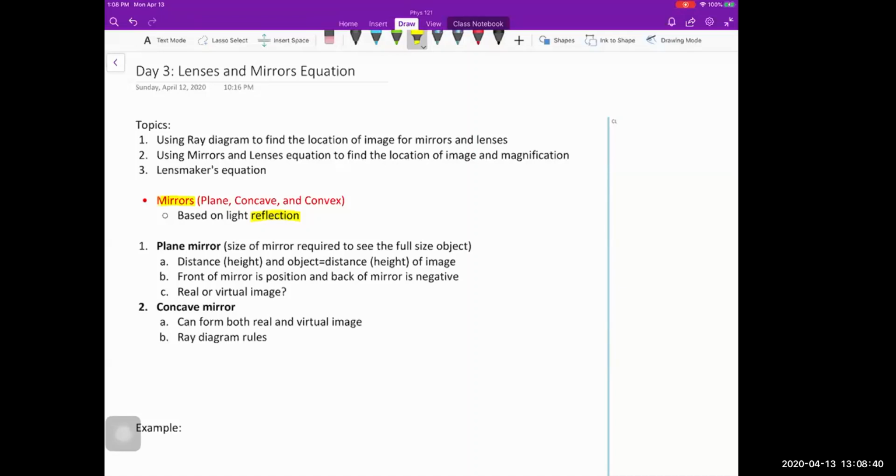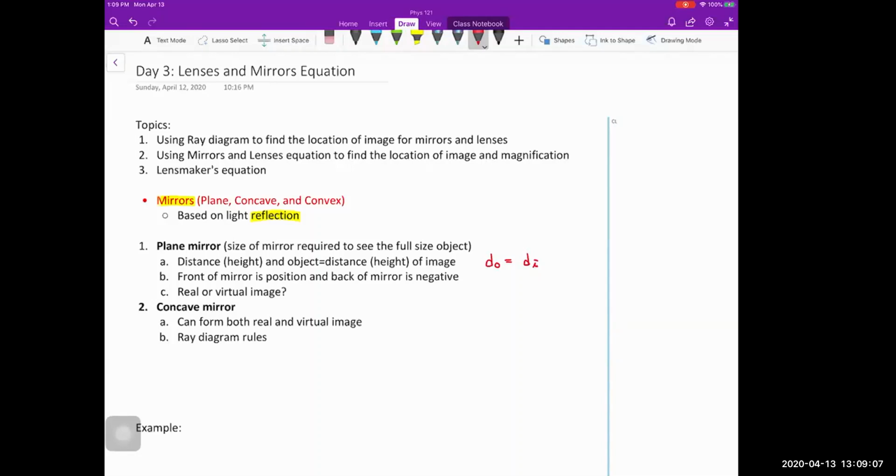The plane mirror has a property that the distance of the object and the distance of the image are going to be the same. So over here, we write one equation, DO equals DI. Now, I wanted to put some caution about the sign over here.